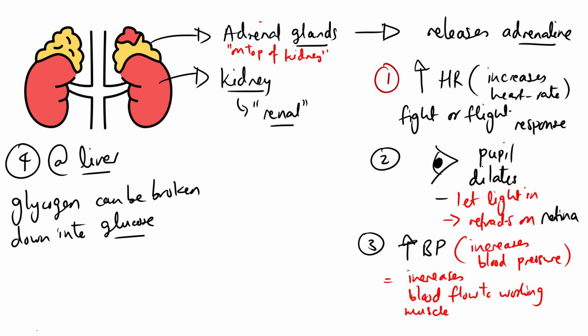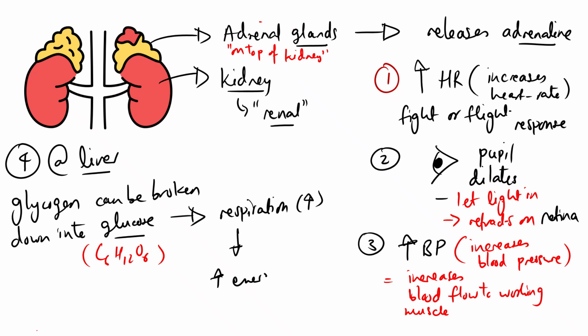And glucose is a six-carbon structure, C6H12O6, if you remember, which can obviously be used in respiration. So more respiration means more energy. And what's that energy currency always referred to as? Exactly, ATP. So muscles can therefore contract.